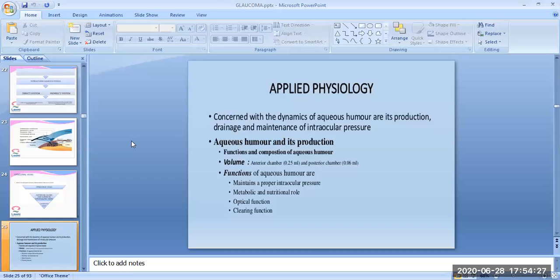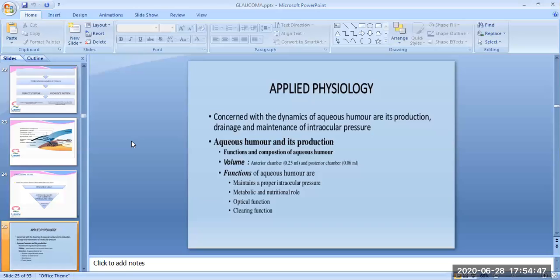Then the functions of the aqueous humor are: it maintains a proper intraocular pressure. It plays an important metabolic role by providing substrates and by removing metabolites from the avascular cornea and lens.